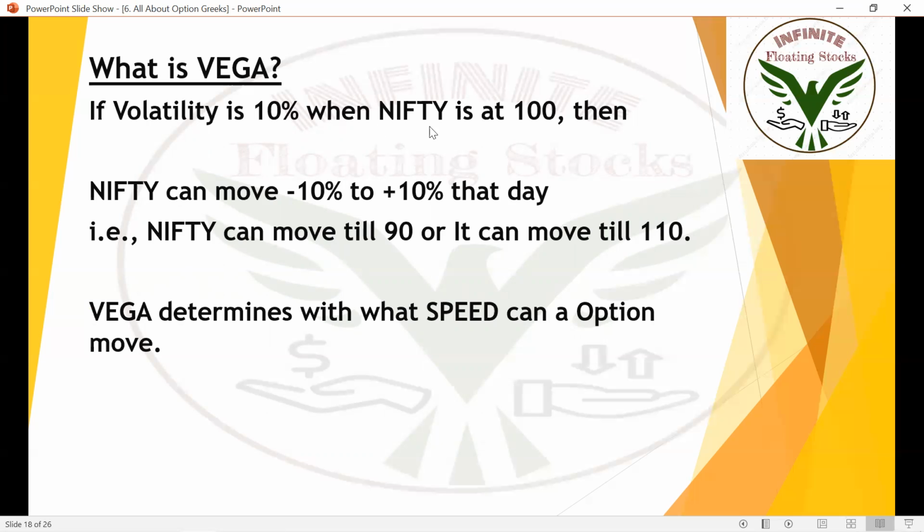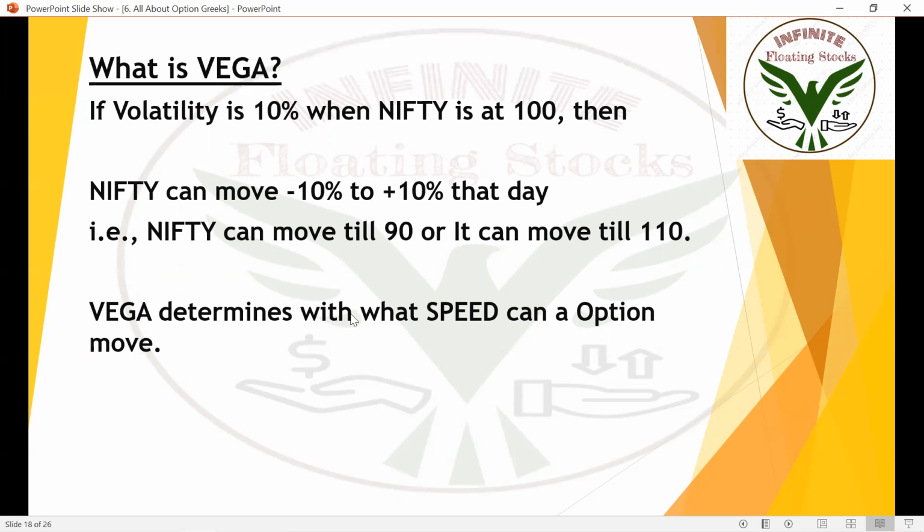Today Nifty is at 100 rupees and volatility is 10%. What can happen on that day? Nifty can move from 100 till 90, or it can move till 110. So if it's 10%, then it can make 10% towards the positive side or 10% towards the negative side.